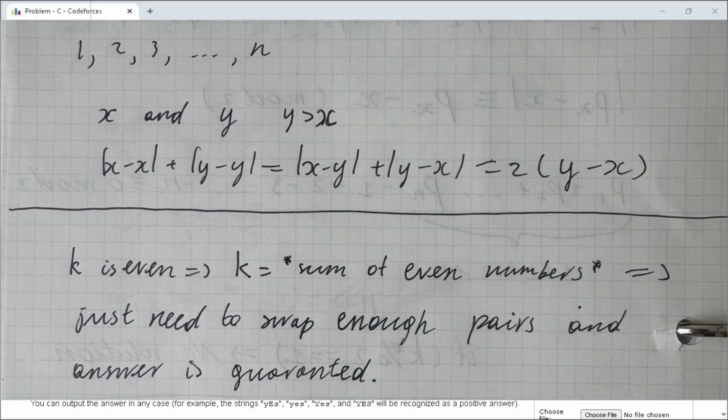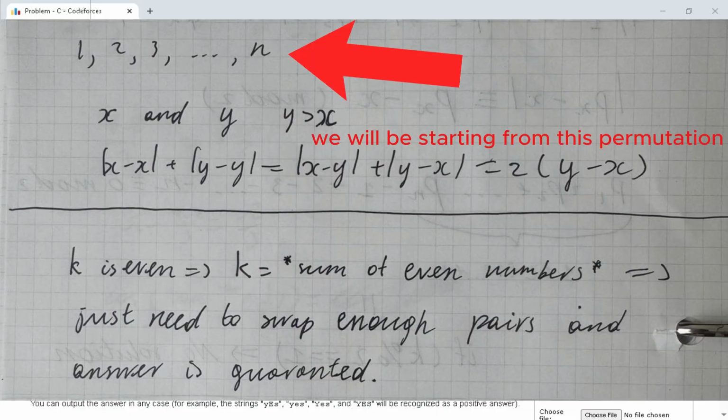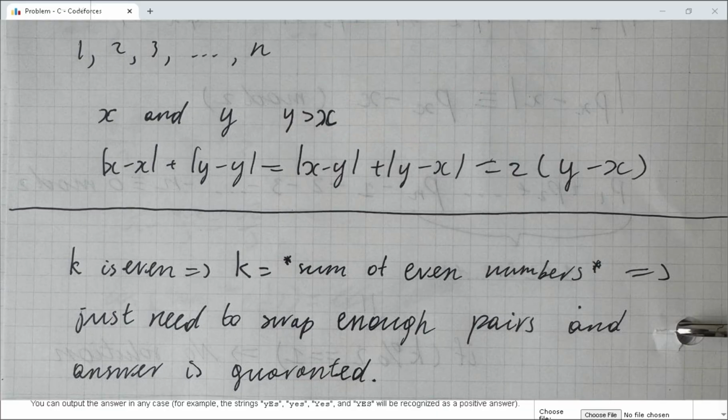So whenever we swap two numbers, our Manhattan value increases by an even number. I say increased because I assume we start from the initial permutation.